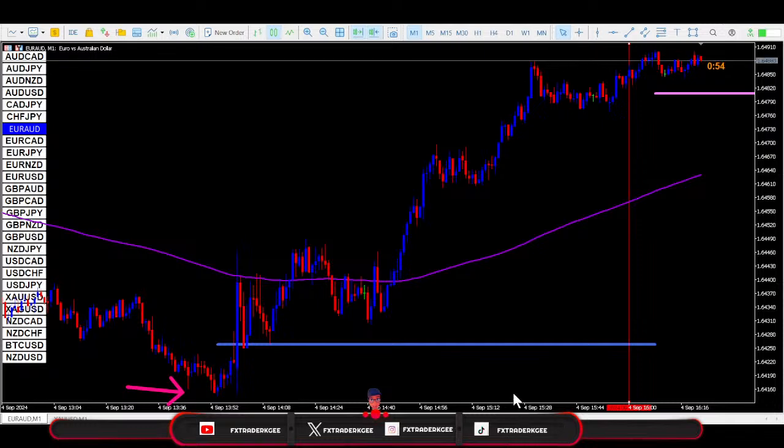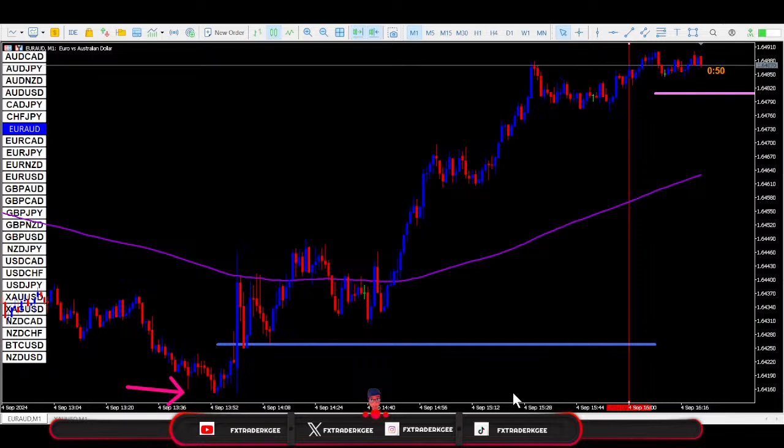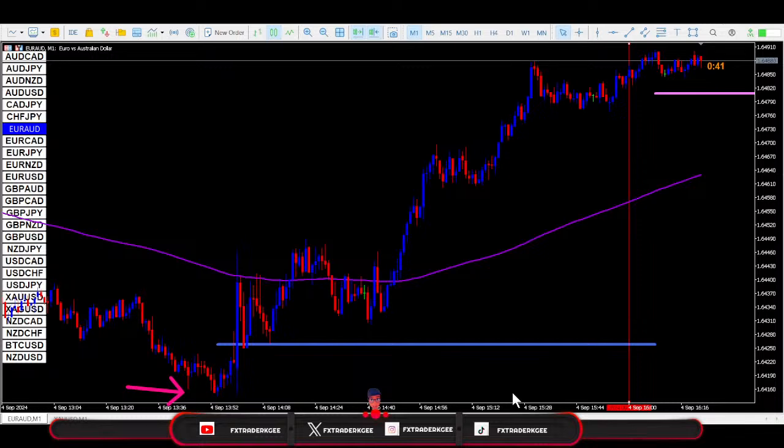That's a whole lot of information there. The same thing applies for Euro Canadian dollar, and the same thing for Great British pound versus the Australian dollar.